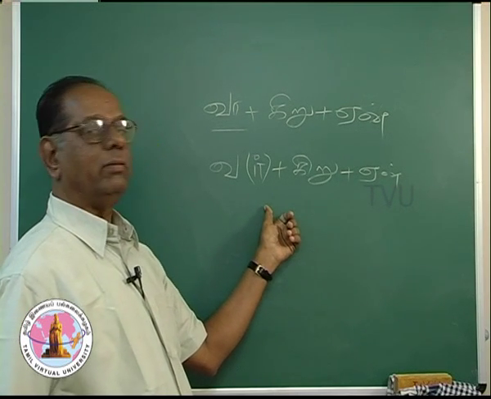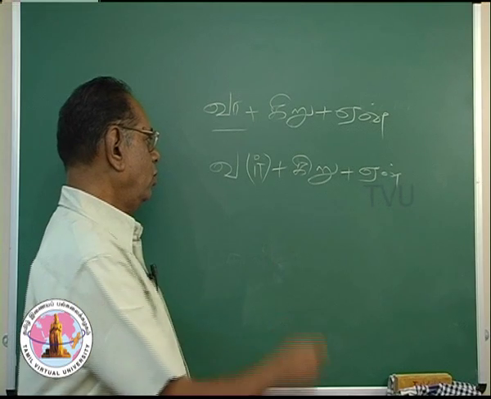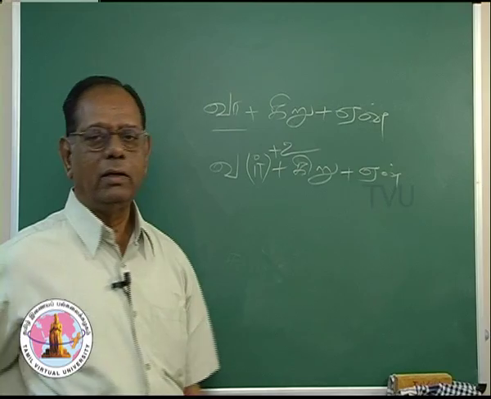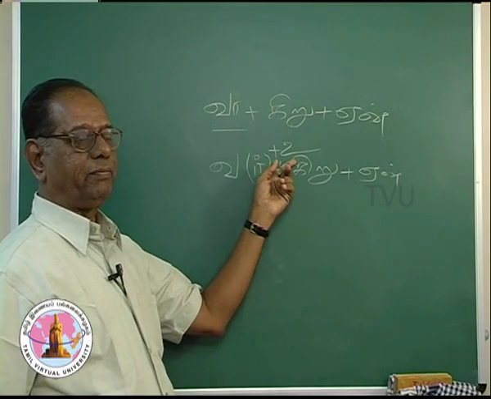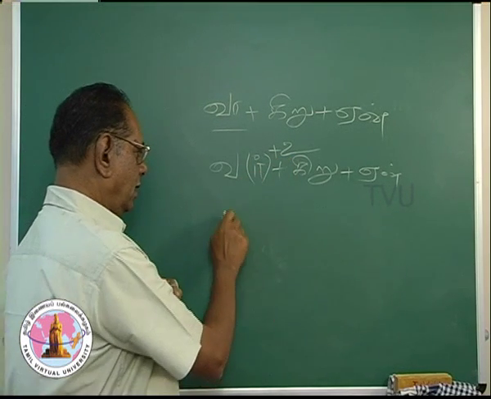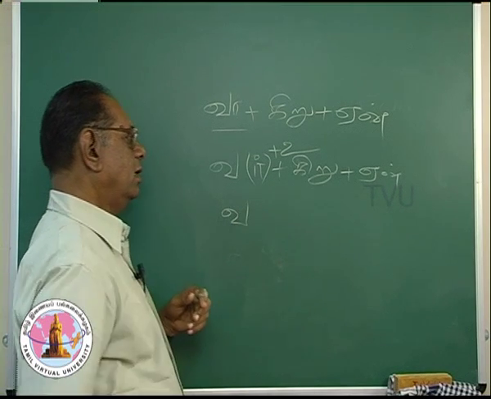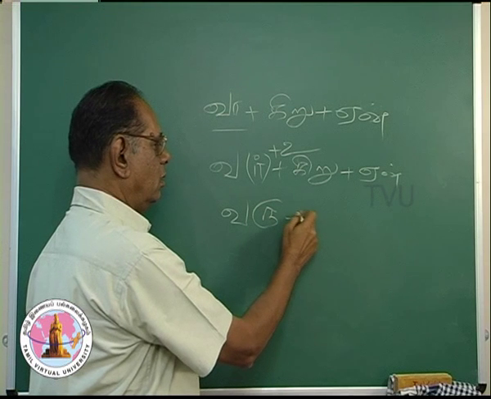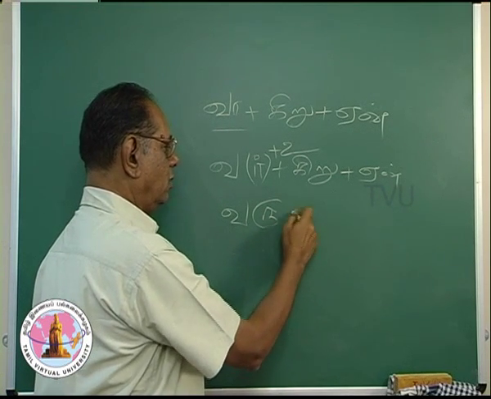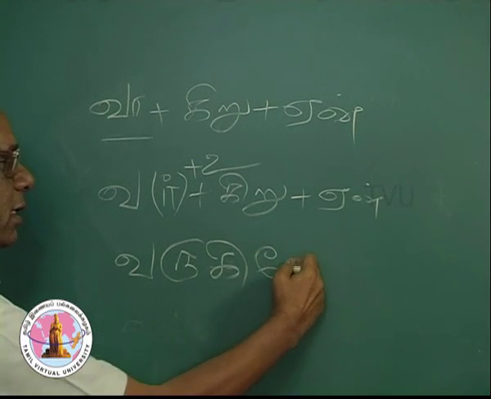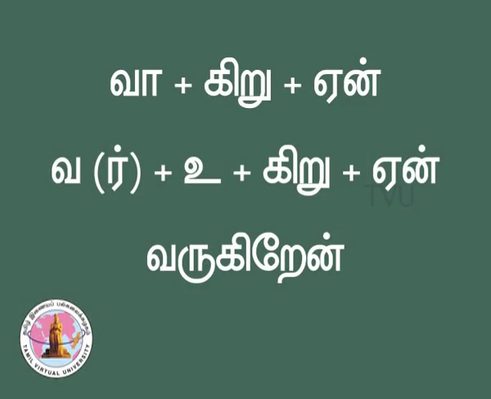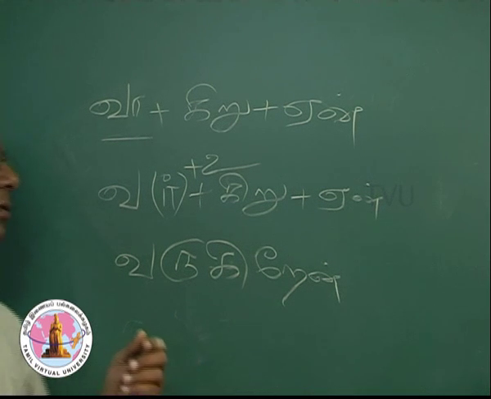Again the same problem. So they had to introduce another vowel to make it easier. That became va, ir plus u, ru plus kiru and yen. Remember the process.